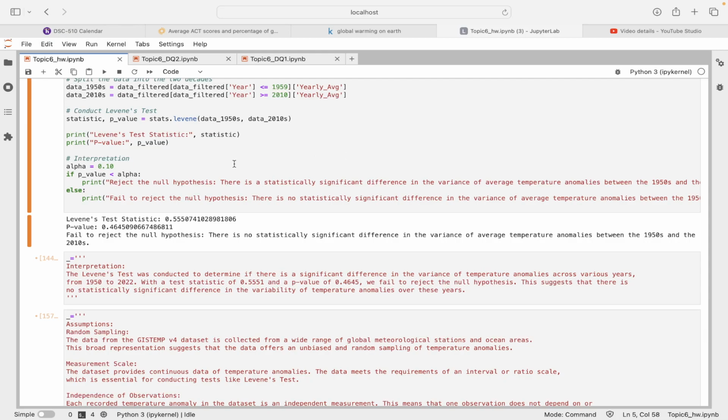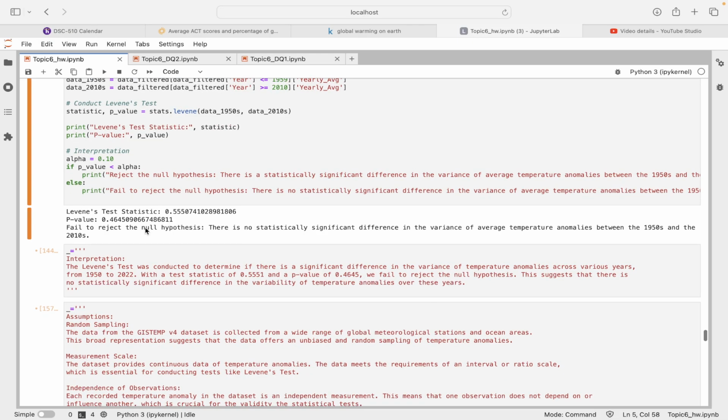With this Levene's test, we set our significance level at 10%, and the p-value we get back is 0.4645, which is higher than our given alpha level. So we fail to reject the null hypothesis and conclude there's no statistically significant difference in the variance of average temperature anomalies between the selected decades, the 1950s and the 2010s.